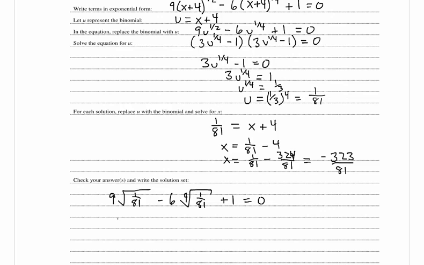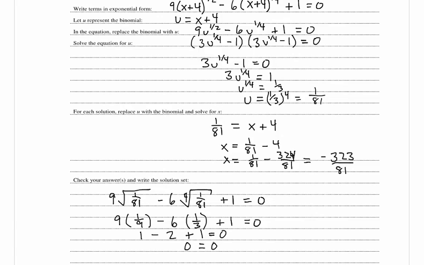The square root of 1/81 is 1/9, and the 4th root of 1/81 is 1/3. So 9 times 1/9 is 1, minus 6 times 1/3 is 2, plus 1 is equal to 0. And 1 - 2 + 1 is equal to 0.